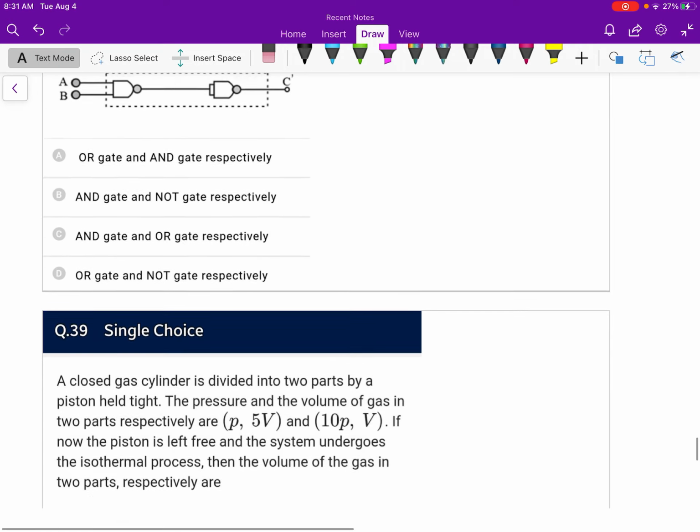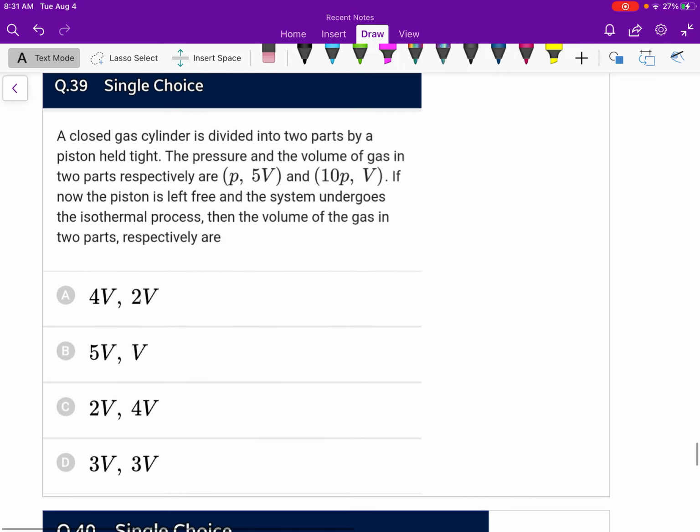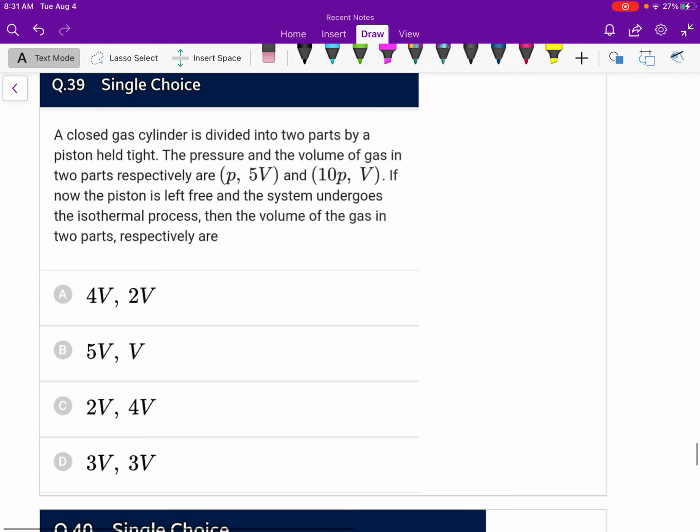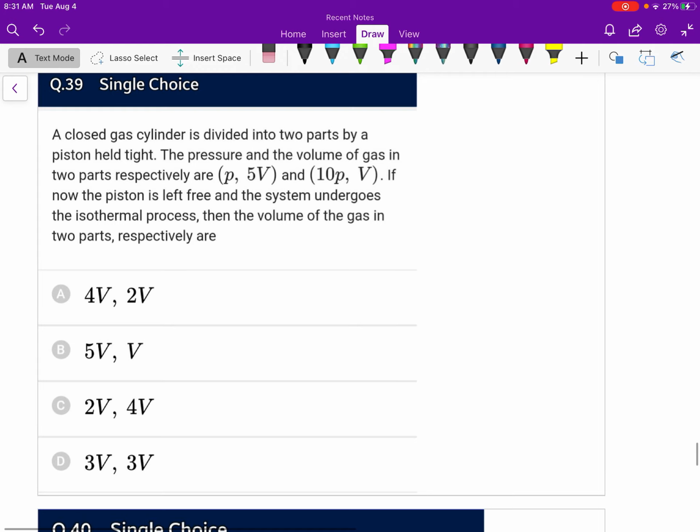NAND gate shown here, so we can solve it from theory. A closed gas cylinder is divided into two parts by a piston held tight. The pressure and the volume are as given. If now the piston is left free and the system undergoes an isothermal process, that means on both sides temperature remains constant.